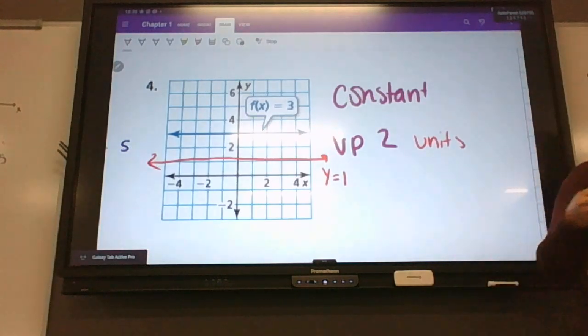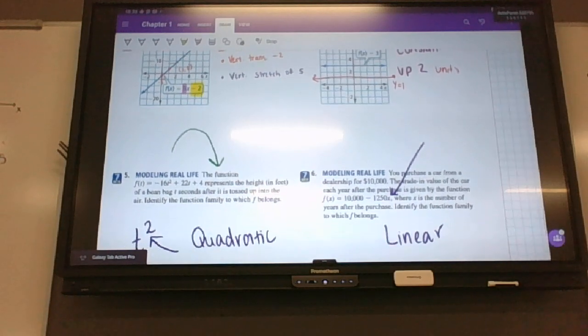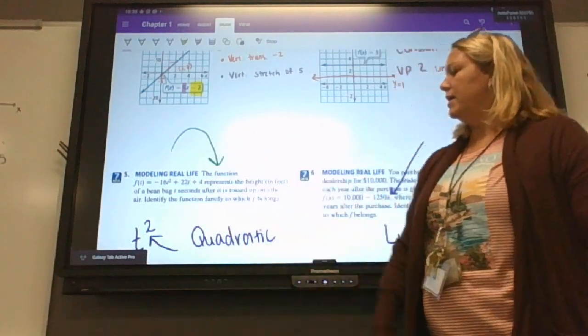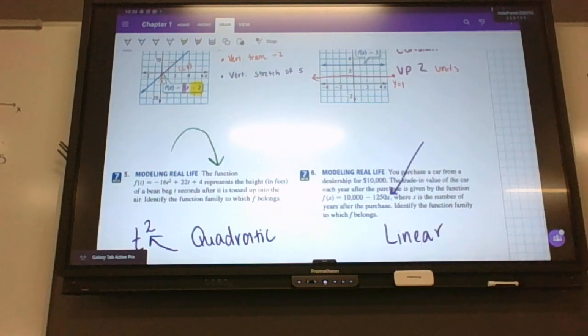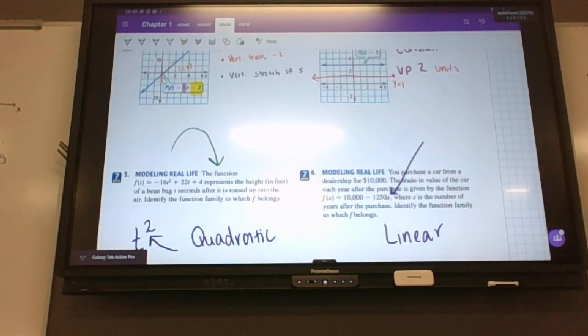That one doesn't go through the origin. And then the word problems look so intimidating, but you just had to say what function family they are. And this one is quadratic because it's squared, and this one's linear. Depreciation and throwing something in the air.